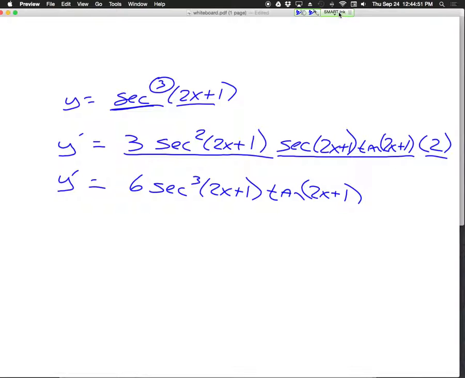All right, one more. Y equals 4 times secant of 3x times tangent of 3x.